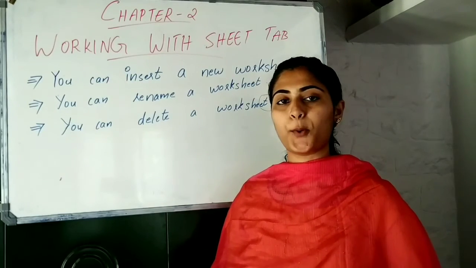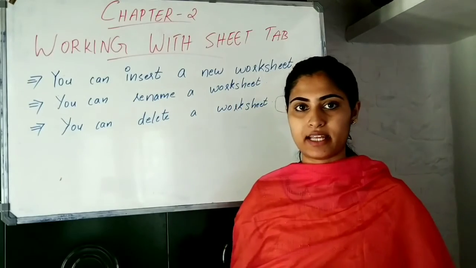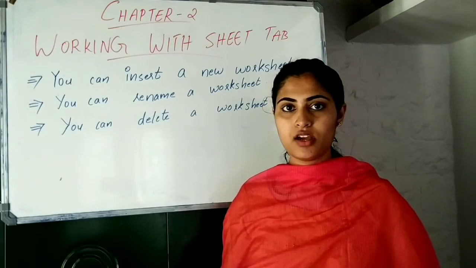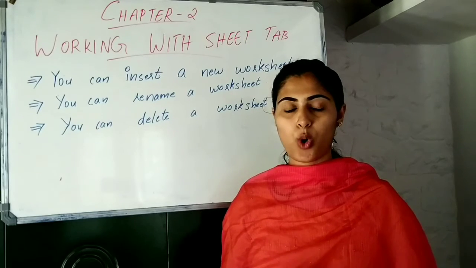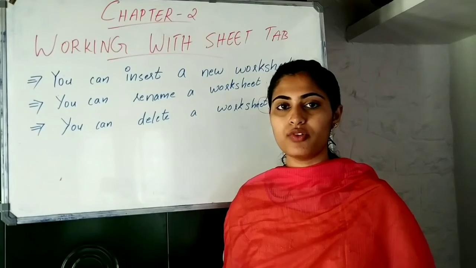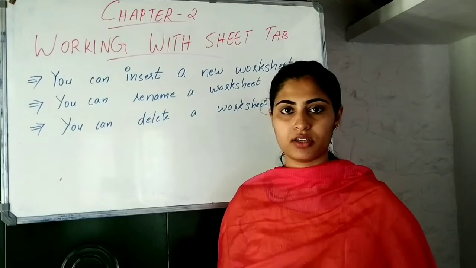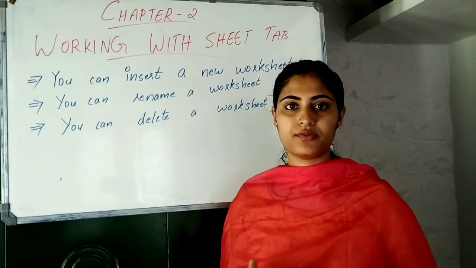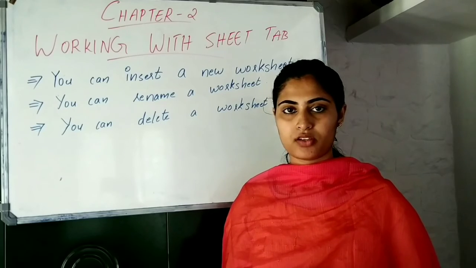Coming to the main topic, first we will study working with the sheet tab. You have seen what a sheet tab is in that picture. At the bottom section there is a collection of worksheets, that is sheet number 1, sheet number 2, sheet number 3, and that collection of worksheets is known as a workbook.